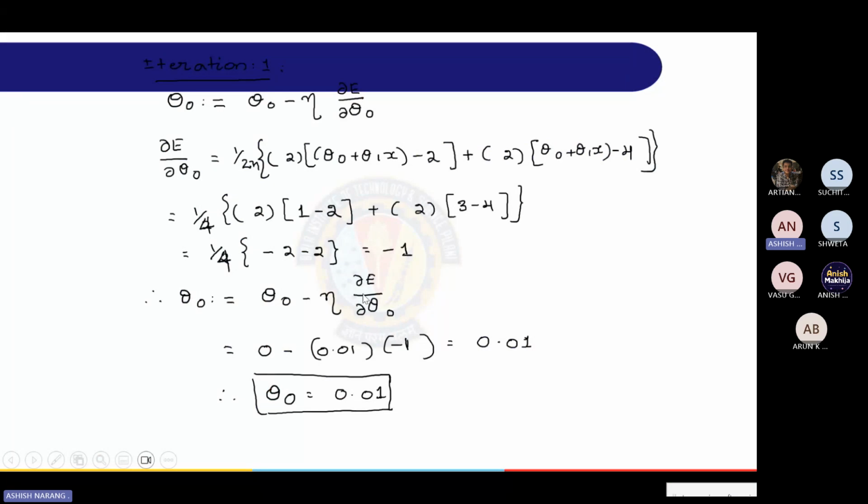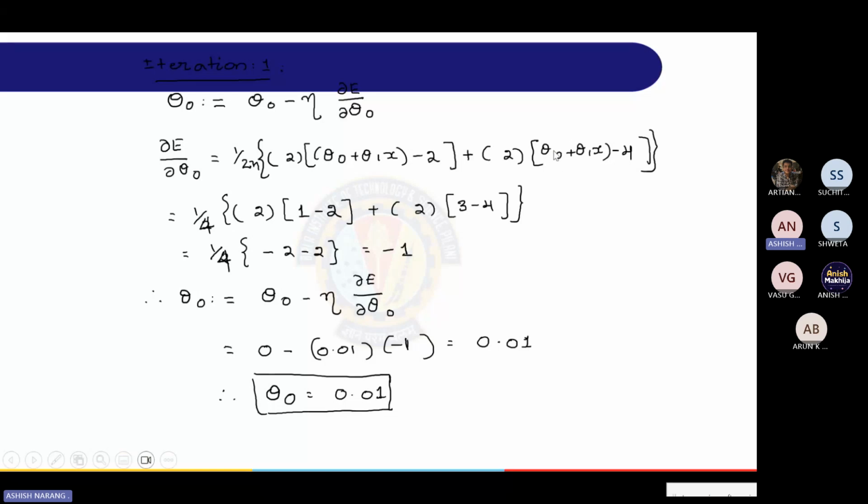The only change you will have to do is, whatever theta 0 you were taking initially as 0, you will take it as 0.01 plus 1.02 into 1. 0.01 plus 1.02 will be 1.03. 1.03 minus 2.